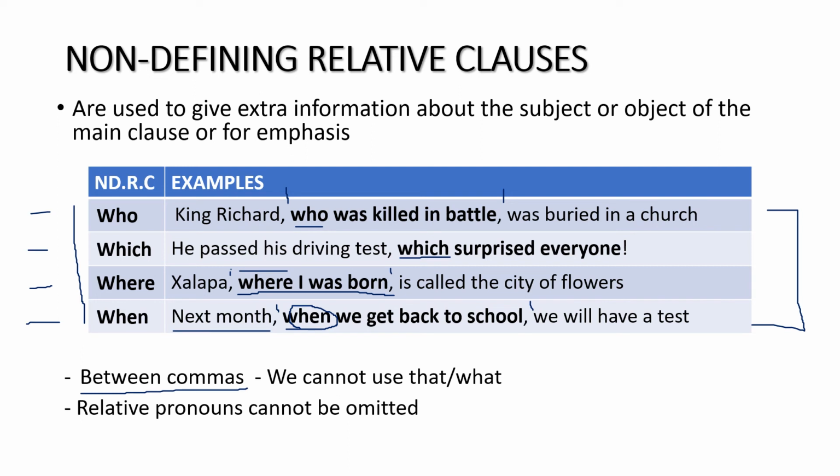And also remember that we are using non-defining relative clauses because we use them to emphasize or because we are referring to the main clause. That's why we cannot omit here the non-defining relative clauses.